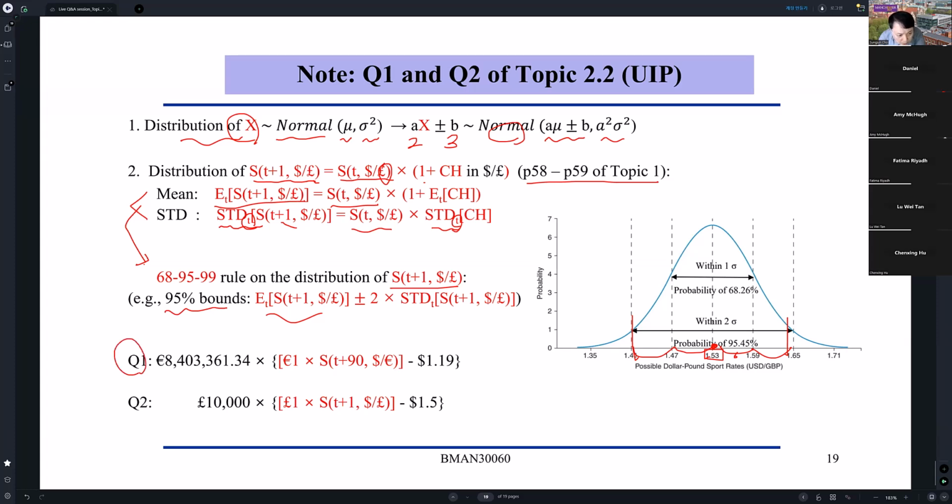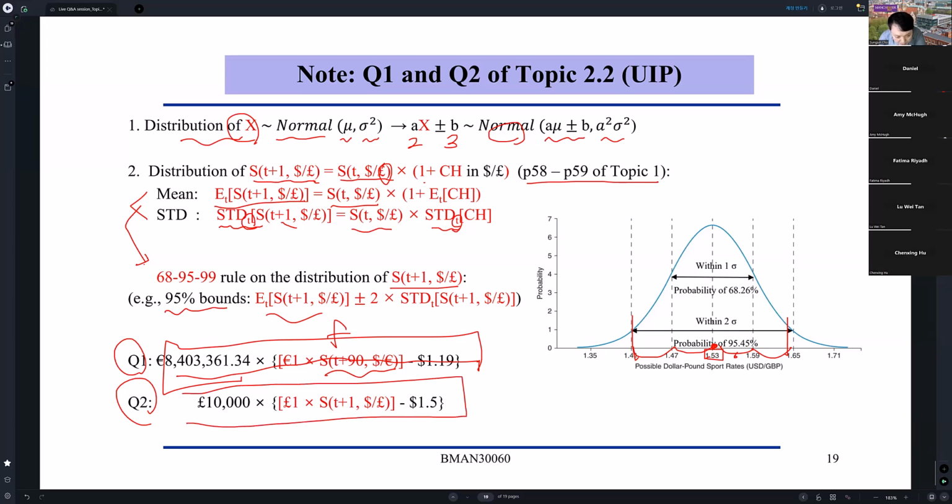Now in question 1 and question 2, we need to think about distributions of functions of the exchange rate. We will talk more clearly later on. For example, in question 1, you're supposed to get the 95% bound of this whole thing. In question 2, you're supposed to compute the 95% bound of this one.